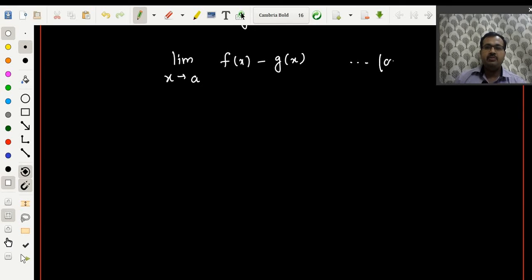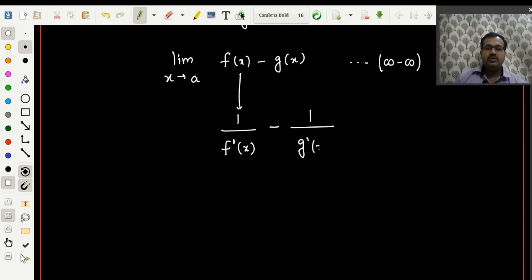Here we are getting the indeterminate form infinity minus infinity, so we can rewrite it as 1 upon some function of x minus 1 upon some function of x. To avoid confusion with g dash representing the derivative, we consider f star and g star in the denominators. So as f of x tends to infinity, 1 upon f star will tend to 0, and this will tend to 0.